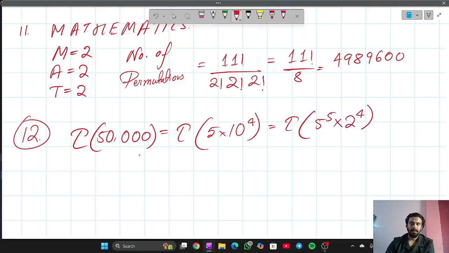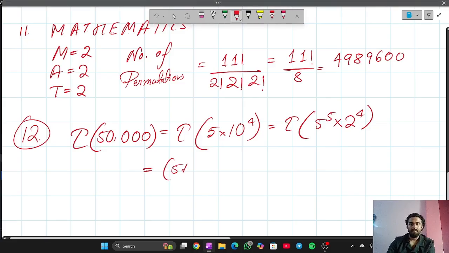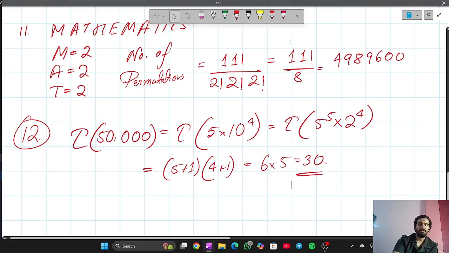Now in this case, we just add 1 to each power and then multiply. So this will be 5 plus 1 and 4 plus 1, which is 6 into 5, which is equal to 30. So there are 30 positive divisors.